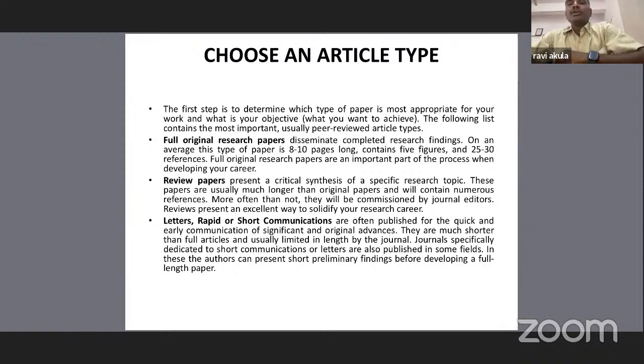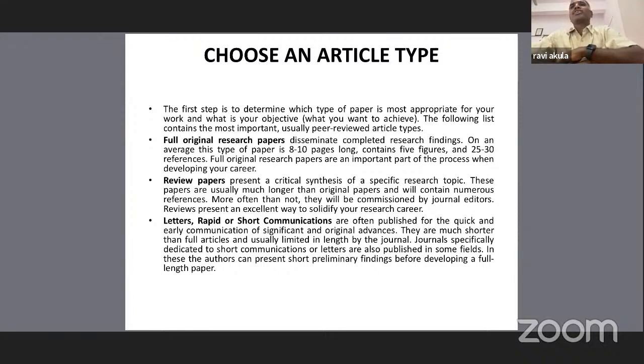One of the important type of articles is the full original research papers, and another one is review papers. The third one is letters, rapid or short communications. So in full original research papers, usually the purpose is to come up with the original research outcome, disseminate complete research findings.